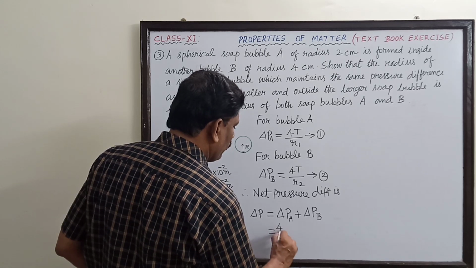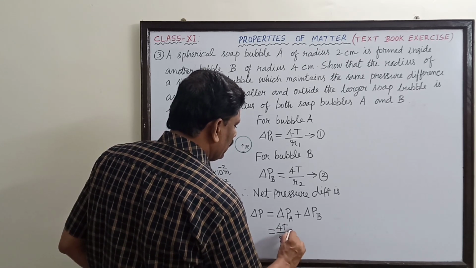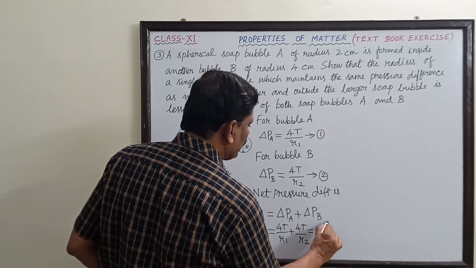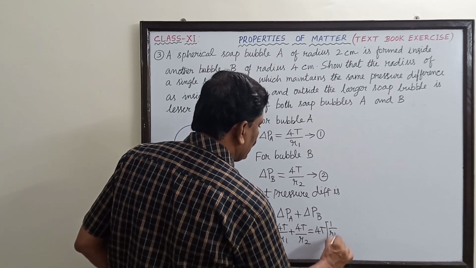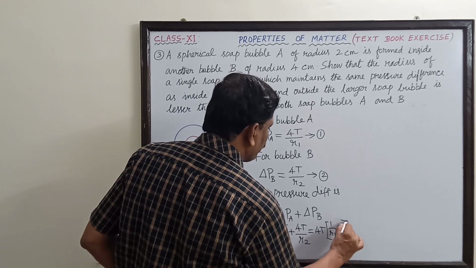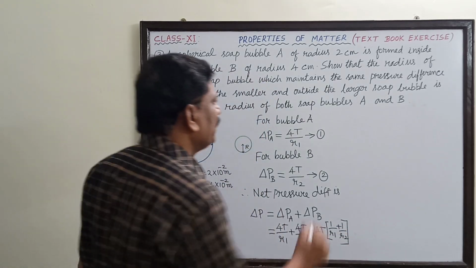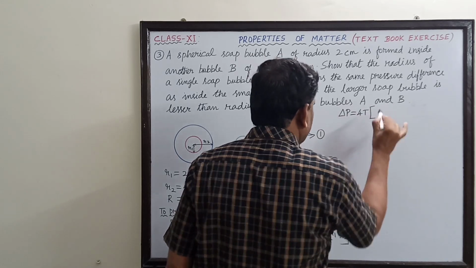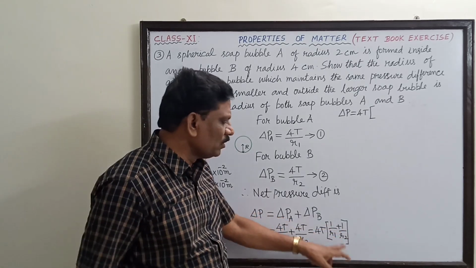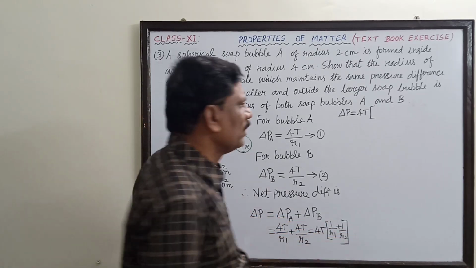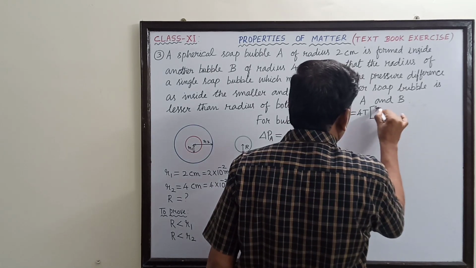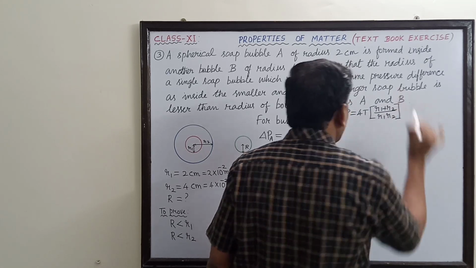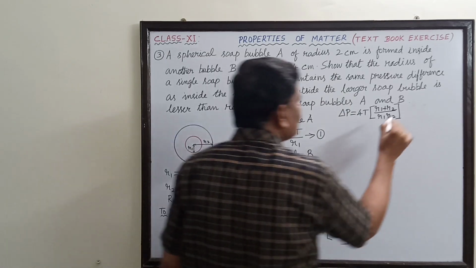Taking the common factor, this is 4T into (1 by R1 plus 1 by R2). Therefore, delta P is equal to 4T multiplied by (1 by R1 plus 1 by R2), and cross multiplying, (R1 plus R2) divided by R1 R2. Let it be as it is. This is equation 3.